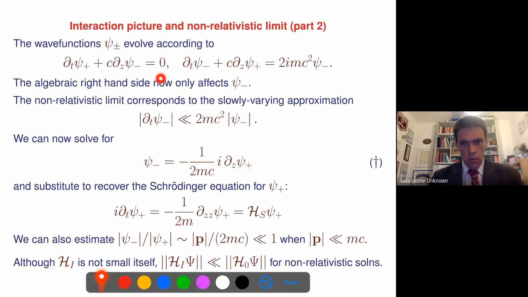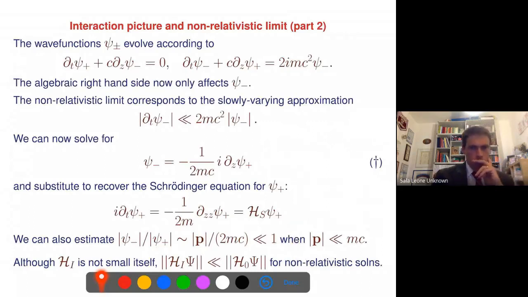It's like solving for the viscous stress through Chapman-Enskog, popping it back in a momentum equation, and then you get the Navier-Stokes equations. Then I can estimate that my psi minus is really small compared to psi plus when my momentum is really small compared to mc, so that's how it knows it's non-relativistic.